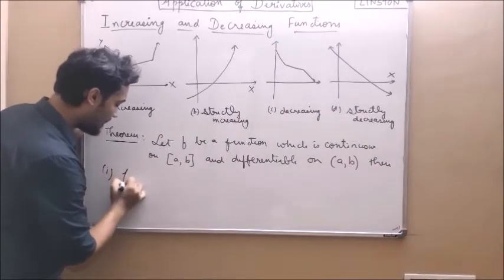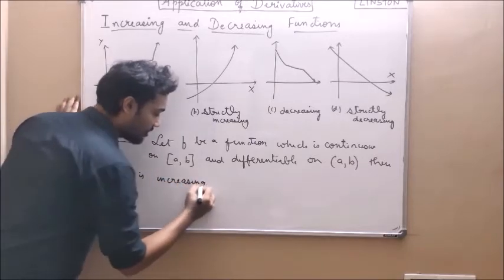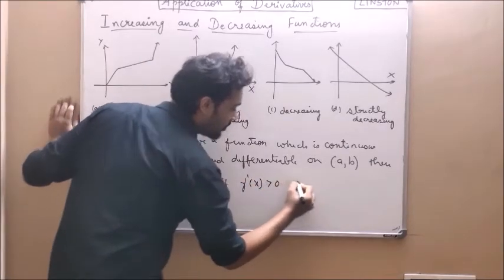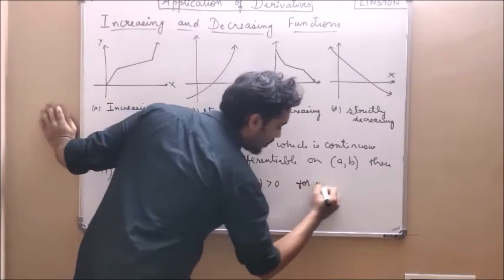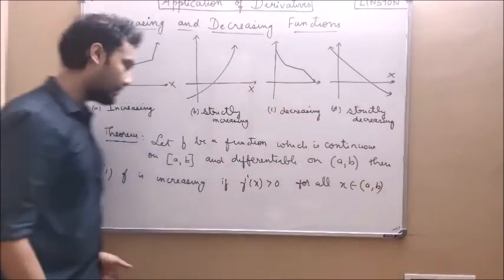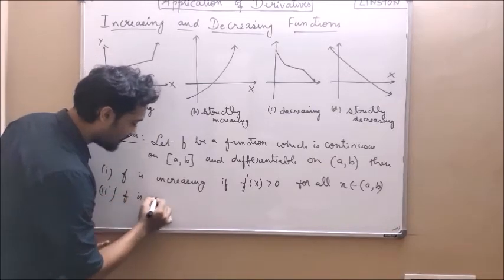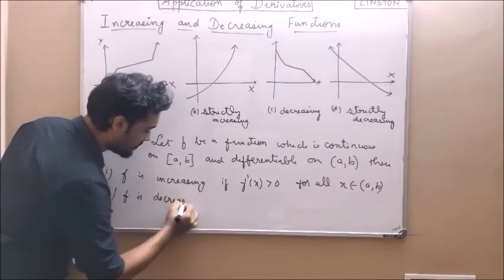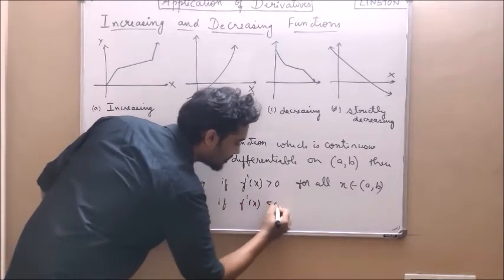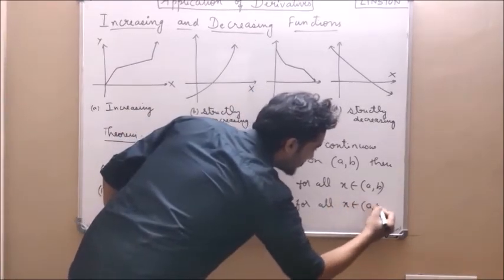First, f is increasing if f dash of x is greater than 0 for all x belongs to the open interval a comma b. Second, f is decreasing if f dash of x is less than 0 for all x belongs to a comma b.